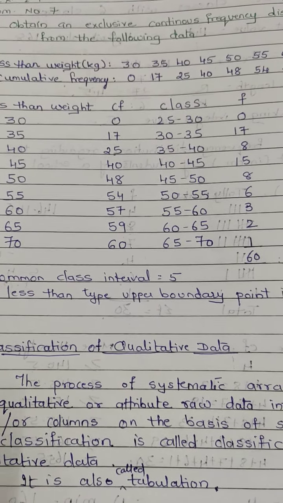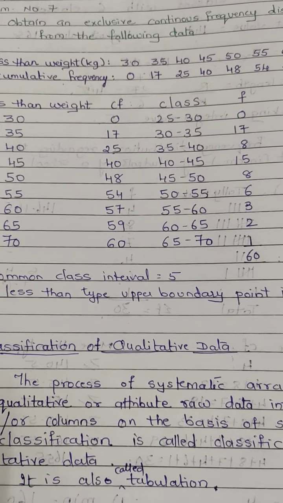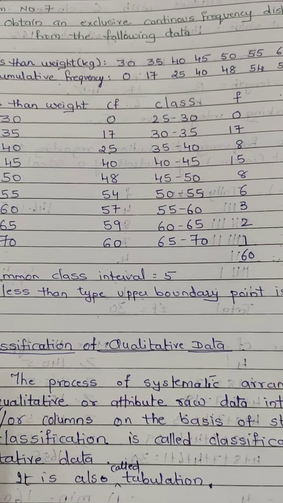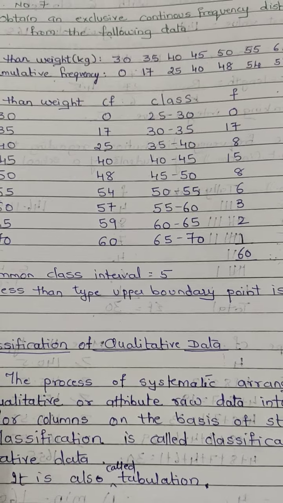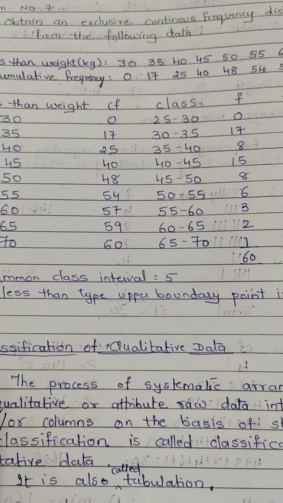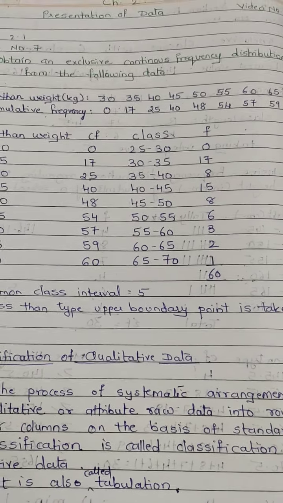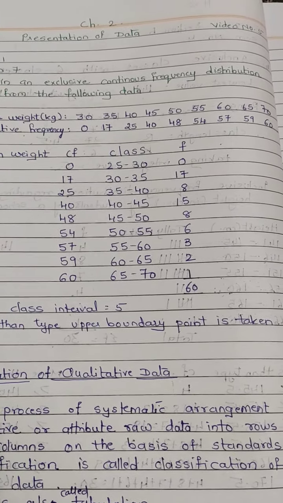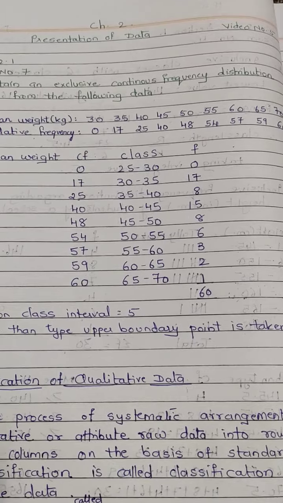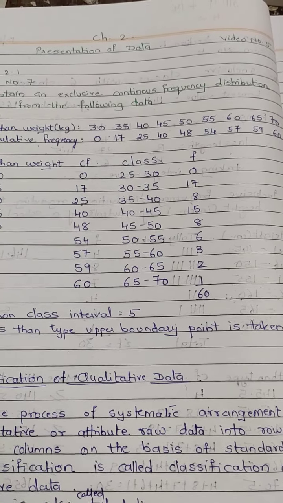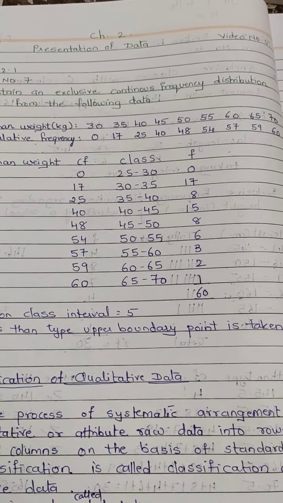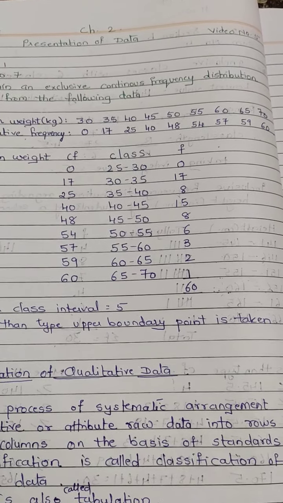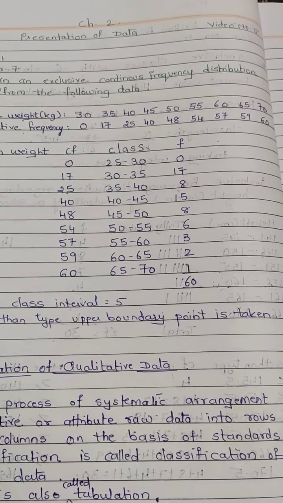So last class will be 65 to 70. And taking 5 as class interval, the rest of the classes are prepared: 30 to 35, 35 to 40, 40 to 45, 45 to 50, 50 to 55, 55 to 60, 60 to 65 and 65 to 70.